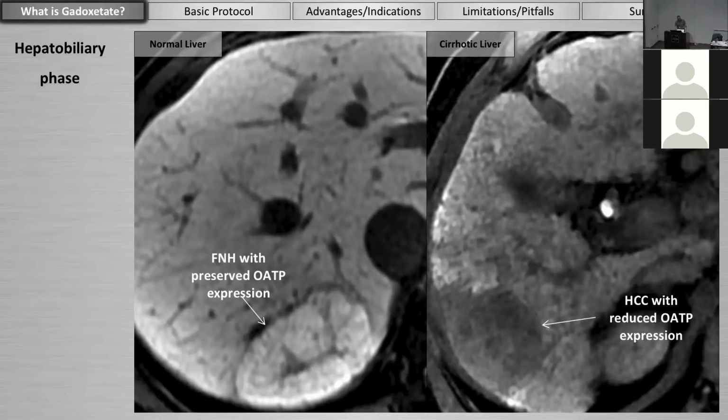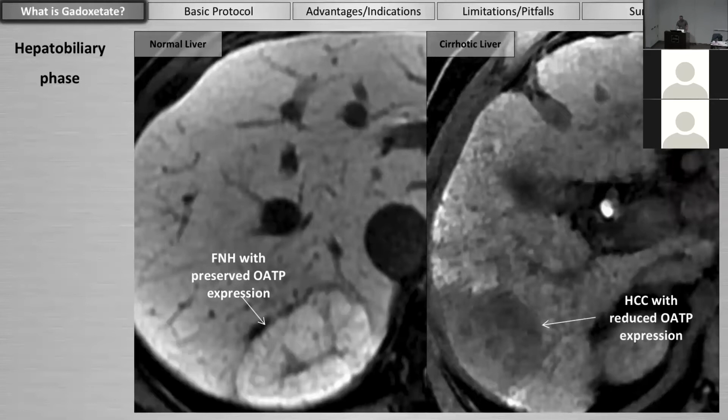And this dark thing in the middle is a scar. So focal nodular hyperplasias characteristically have a central scar. The scar is not made of hepatocytes, so the scar is also going to be dark. In addition to this scar, they often have this network of fibrotic bands that also divide the nodule into smaller nodules. And so we also have these little dark lines throughout this FNH.